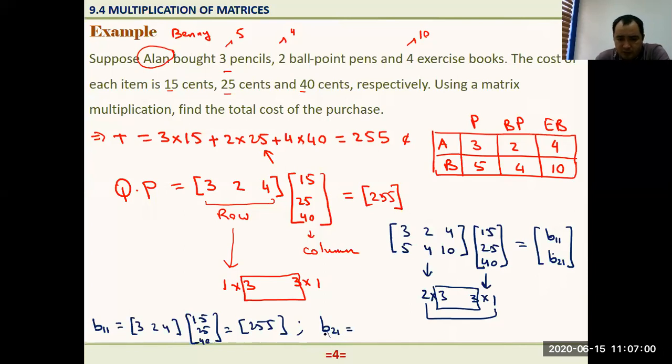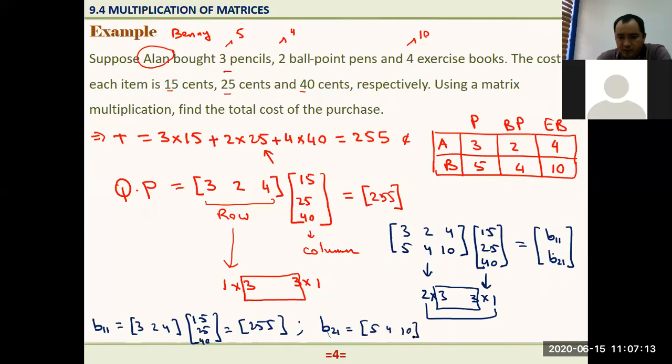Here, that means we multiply the second row of the first matrix, which is 5, 4, 10, by the first column of the second matrix, which is 15, 25, and 40. Multiplying term by term: 75 plus 4 times 25, 100, plus 10 times 40, 400. That's equal to 575.